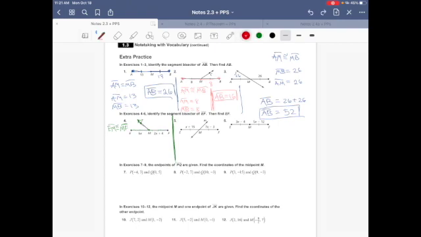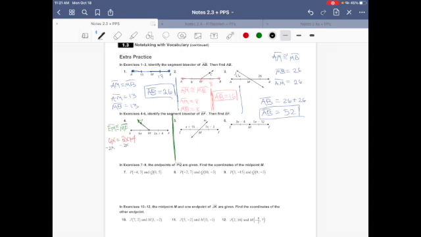So let's plug in what we know. We know EM is equal to 6x, so I'll put 6x. And I know MF is equal to 2x plus 4. So I know that those two things are equal to one another. So now I just have to solve for x. We're going to start by subtracting 2x from both sides.